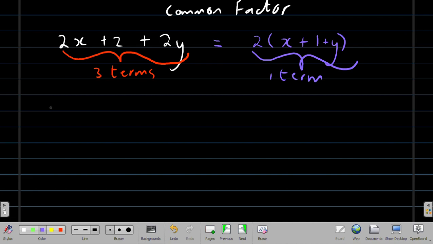Starting with common factor, let's say we have this. I have two terms here, right? Now, when we talk about common factor, the very important thing is we have to ask ourselves, what are factors?